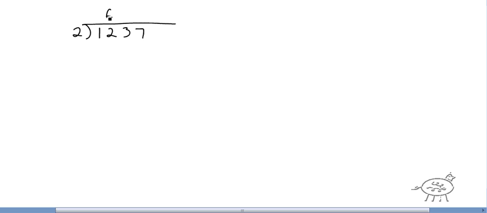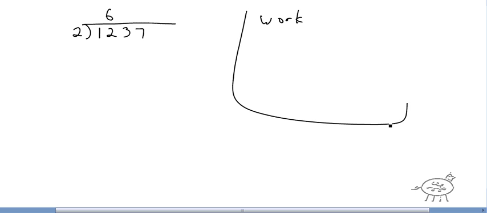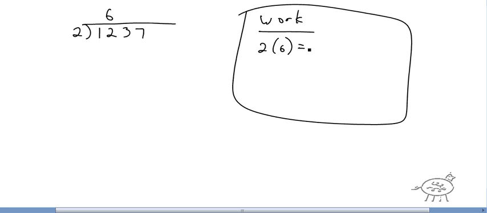So in the box on the side, don't you say 2 times 6 is 12, and don't you take that 12 and put it underneath here? And what's your next thing? Don't you change the sign? And it gets 0. And then you bring the 3 down.